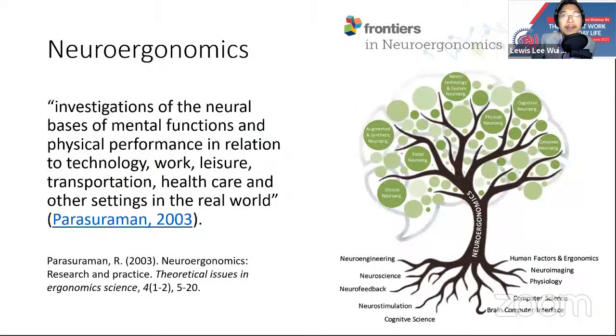Now, motivated by that, we're very lucky to be supported by our friends. For example, in Frontiers in Neuroeconomics, we've recently launched a journal, not by the conference per se, but by the community, whereby we try to push forward the vision set by Raja Parasuraman in 2003, where he said that investigations of the neural basis of mental functions and physical performance ought to be done in relation to technology, work, leisure, transportation, healthcare, and other settings in the real world.